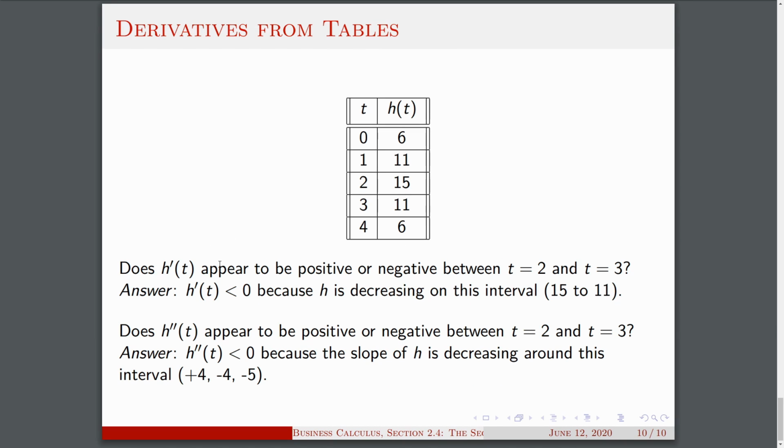So that's what I said here. Between 2 and 3, we have a decreasing function, so this derivative is negative. And then the second derivative is also negative because the slope is decreasing by more and more around here.